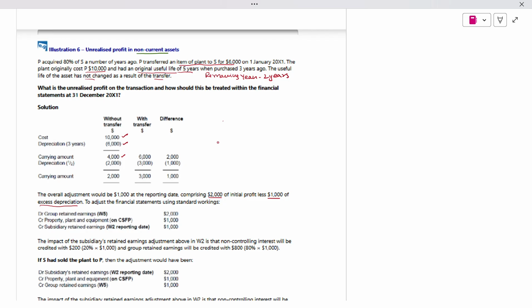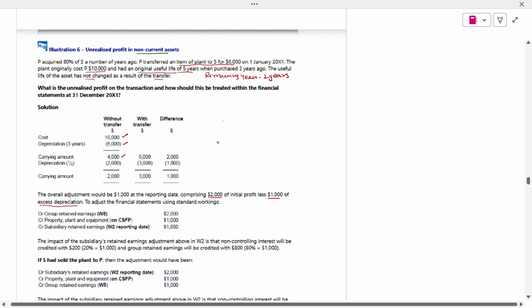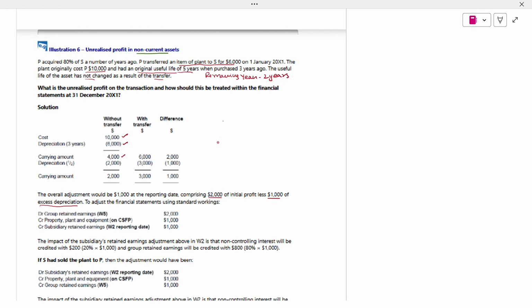They say 10,000 minus 6,000. The carrying amount is how much? 4,000. Depreciation is how much? Without transfer means the original one.